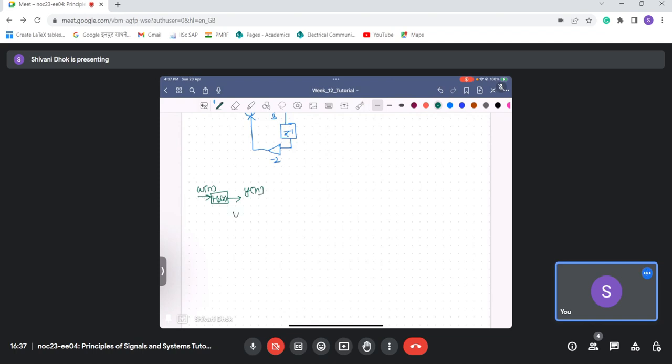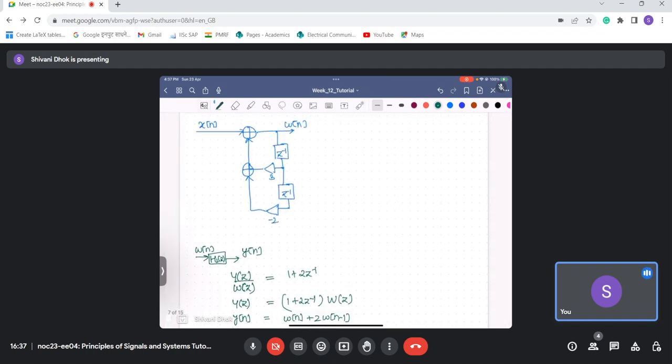So what I have is Y(z) upon W(z) is equal to 1 plus 2z inverse. So Y(z) is equal to 1 plus 2z inverse multiplied by W(z). So I can write y of n is equal to w of n plus 2 times w of n minus 1.